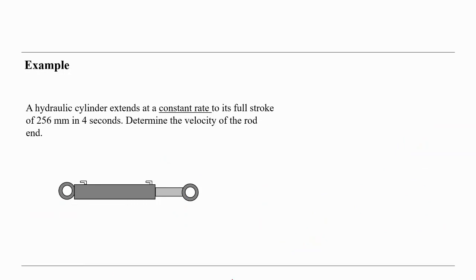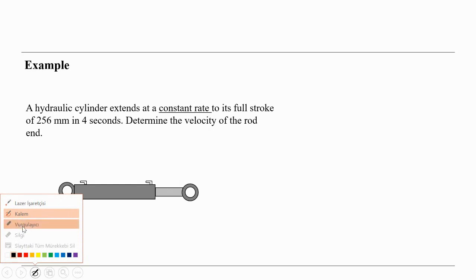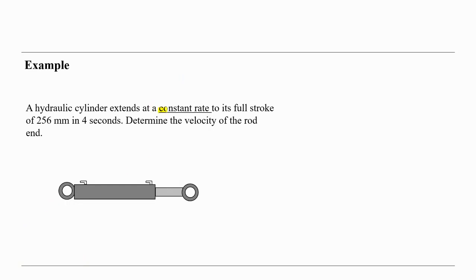So let's have an example. We say we have a hydraulic cylinder extending at a constant rate, that means the speed is constant, to its full stroke of 256 millimeters in 4 seconds.